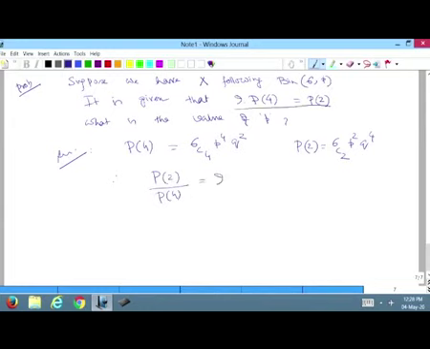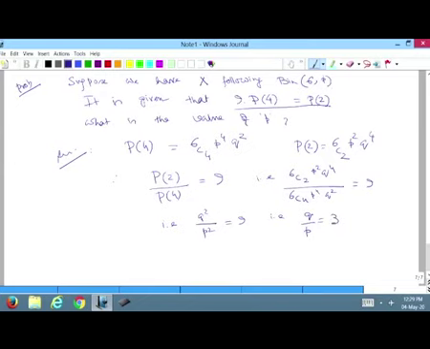It is given, that is 6C2 p square q to the power 4 upon 6C4 p to the power 4 q square is equal to 9, that is q square upon p square is equal to 9, that is q by p is equal to 3.